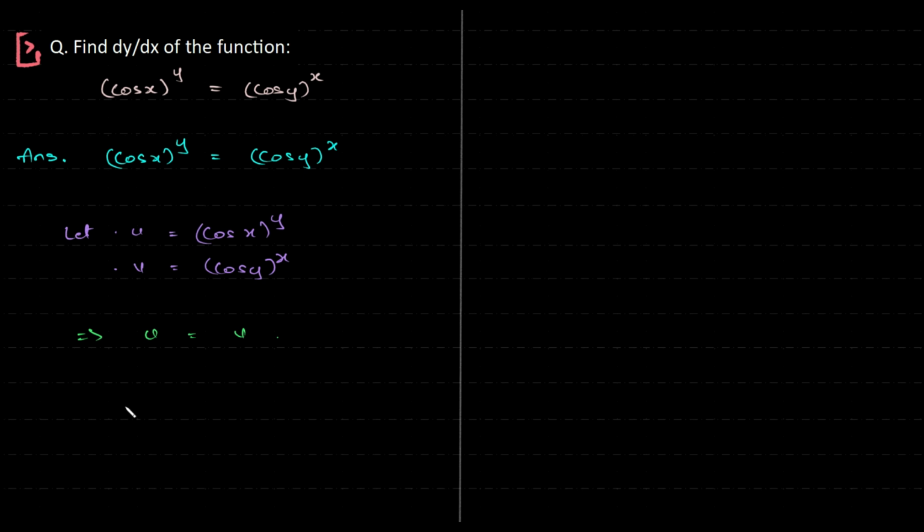Now, if I differentiate both the left hand side and right hand side with respect to x, we have this following equation. Now, our job is to find u prime and v prime. u is (cos of x) whole to the power of y, and we take log on both the sides.